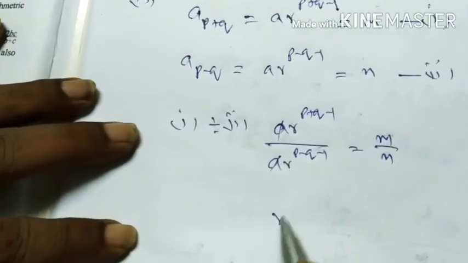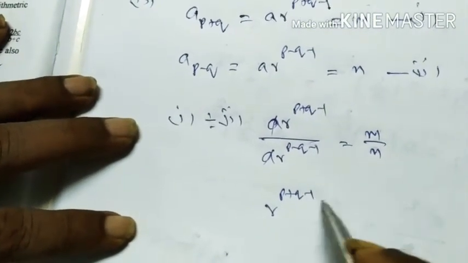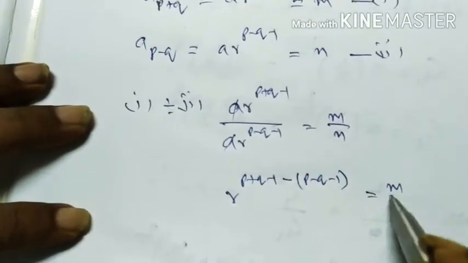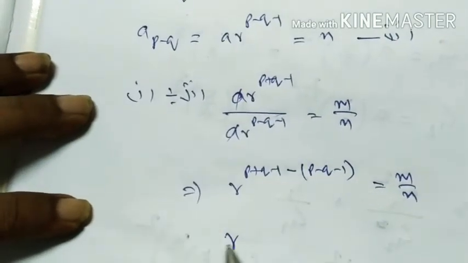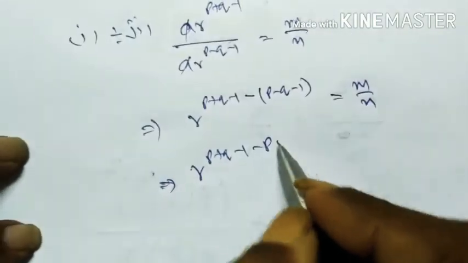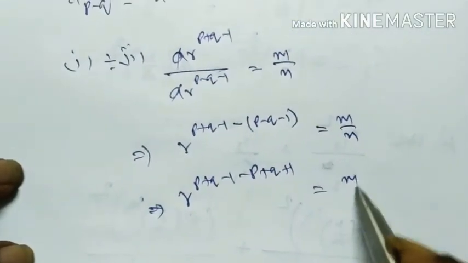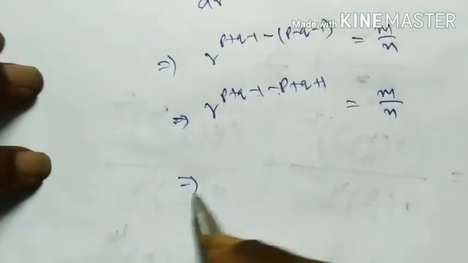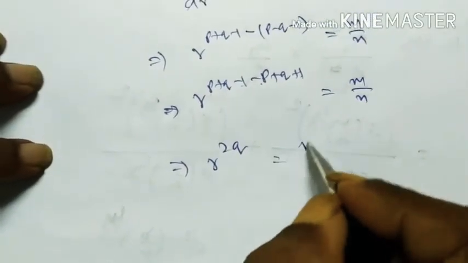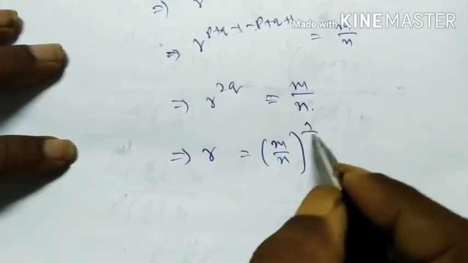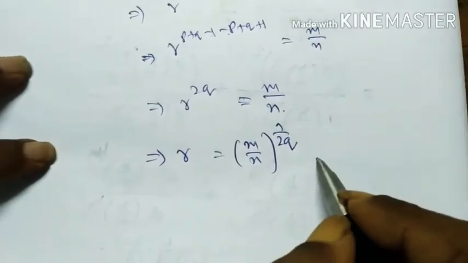According to the indices rule, R to the power P plus Q minus 1 minus (P minus Q minus 1) is equal to M by N. So R to the power P plus Q minus 1 minus P plus Q plus 1 is equal to M by N. P and P cancel out, and minus 1 and plus 1 cancel out. So R to the power 2Q is equal to M by N. So now the value of R is (M by N) to the whole power 1 by 2Q. This is your value of R.